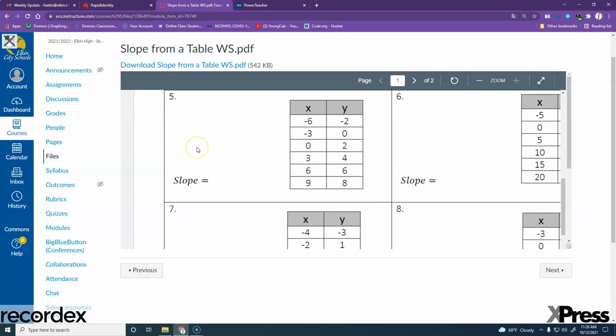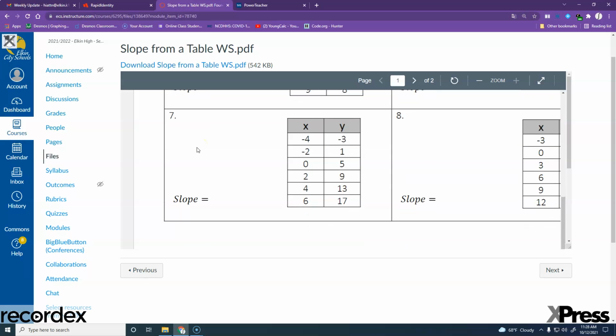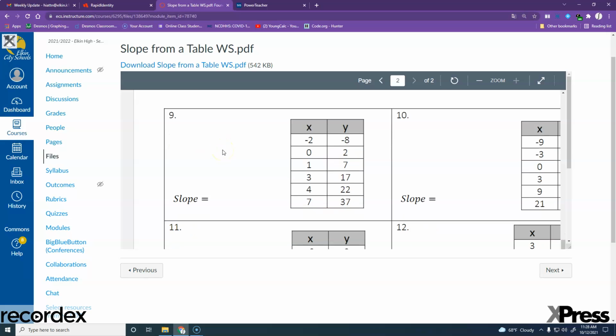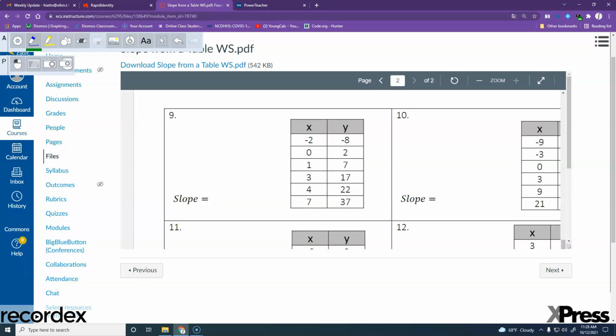All right, now I think it's on the back side where things start to get crazy. Let's look at 9. Because from negative 8 to 2, what has happened there? It's up 10.